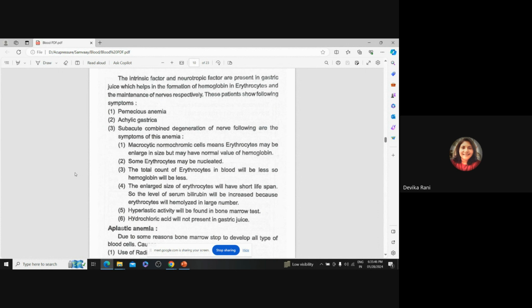As in, the bone marrow will try to work hard to produce red blood cells. That hyperplastic, it's like becoming hyper. So that kind of activity will be found in the bone marrow test. And of course, hydrochloric acid will not be present in gastric juice. So this is how you get to know about this anemia.